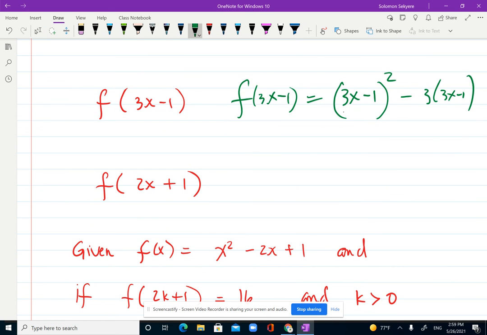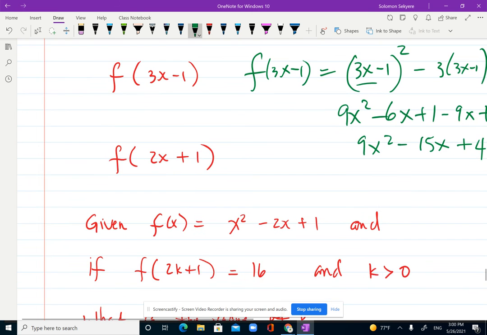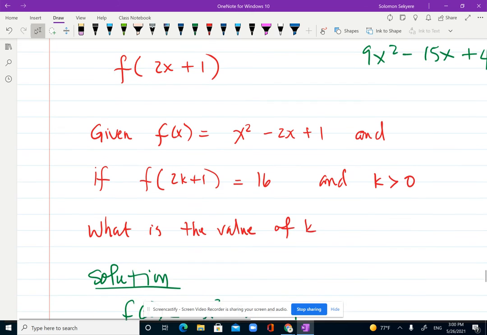So that's going to be what? The first term squared, 9x squared, minus 6x plus 1. Then minus 9x plus 3. It's 9x squared, negative 6x, and then that's minus 15x. 1 plus 3 is 4. Okay, do the same thing for this.